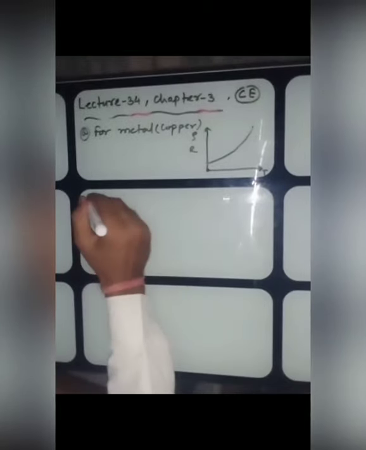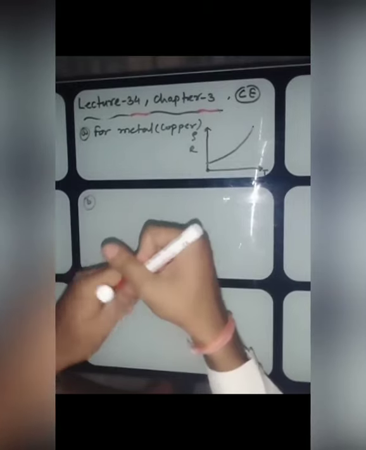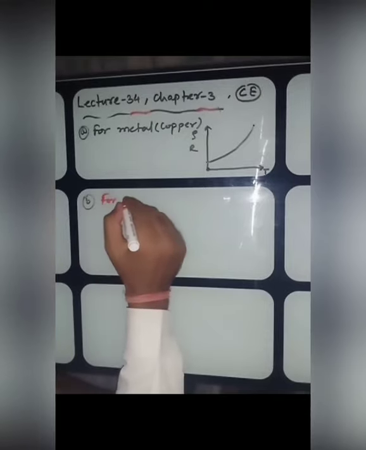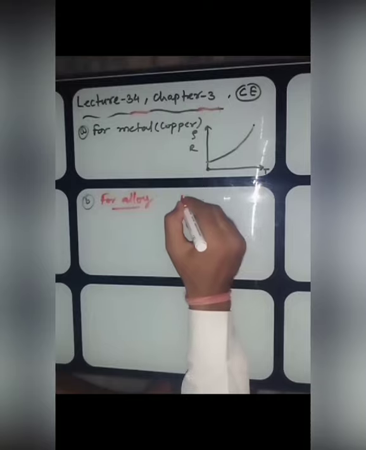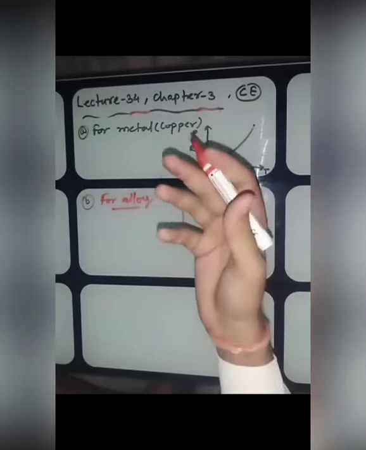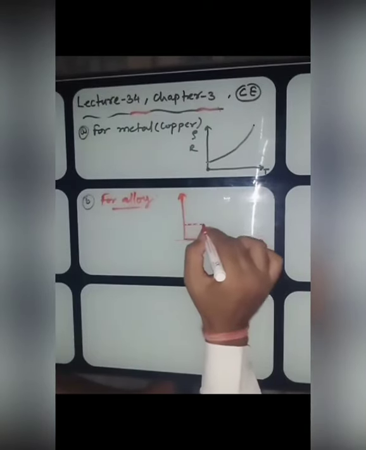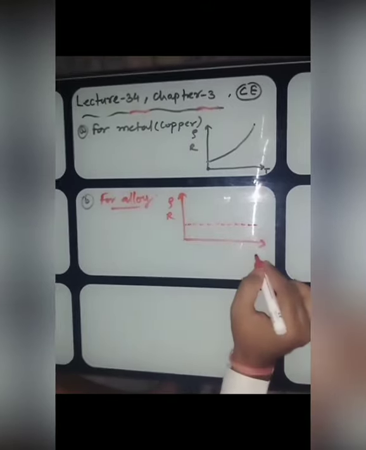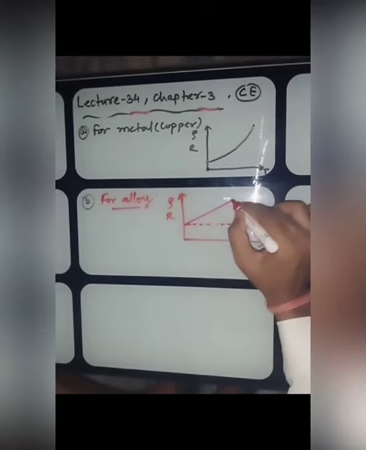Now, the second diagram. The second we will plot here for the alloy, like nichrome. And this is the graph. An alloy also has some resistance and resistivity even at zero temperature. This is the rho, the R, which is varying with the temperature T. Remember, this will be a straight line.